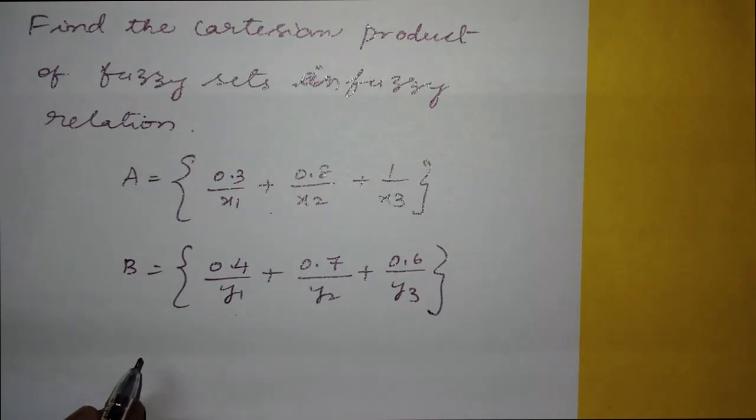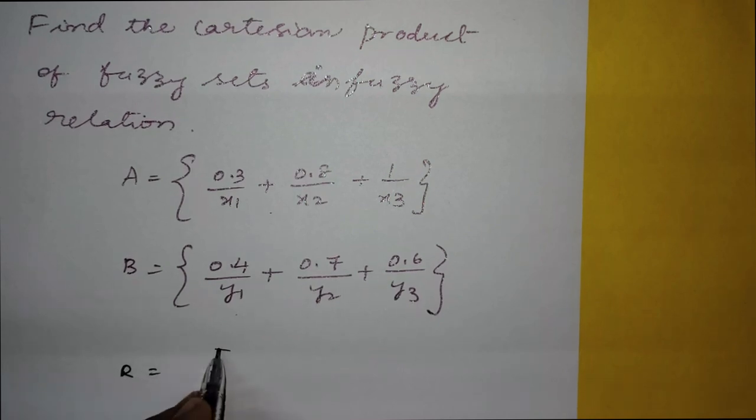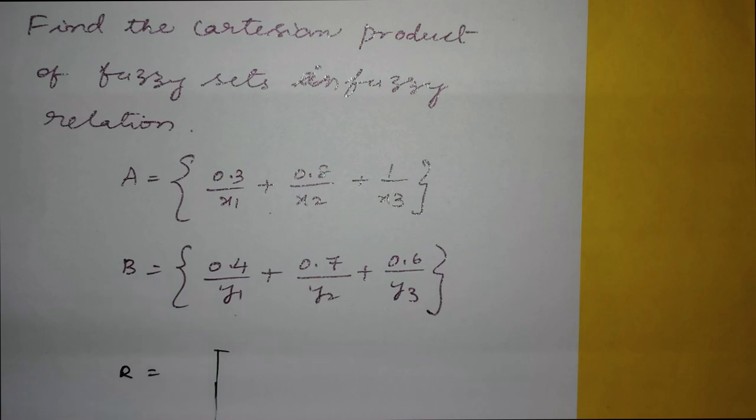What will be the dimension of the matrix? It will be 3 by 3. How does it come? Consider x1, x2, x3 as the rows, and the columns are y1, y2, y3.